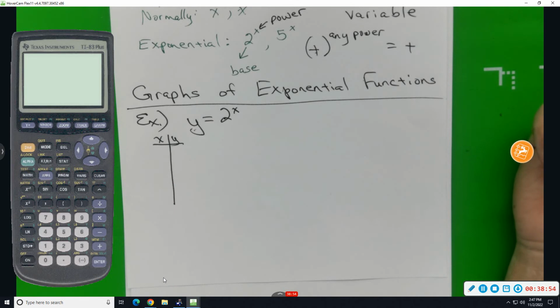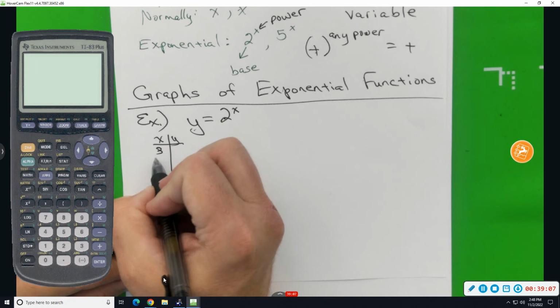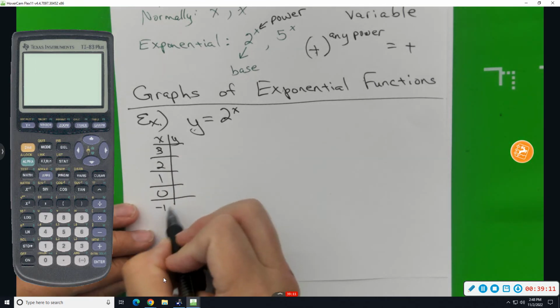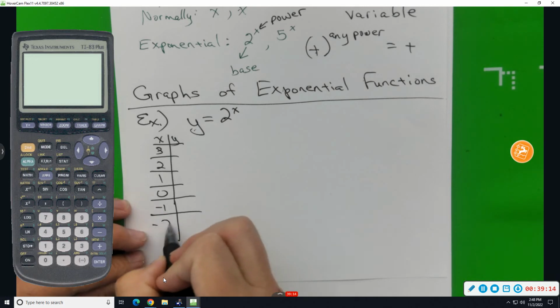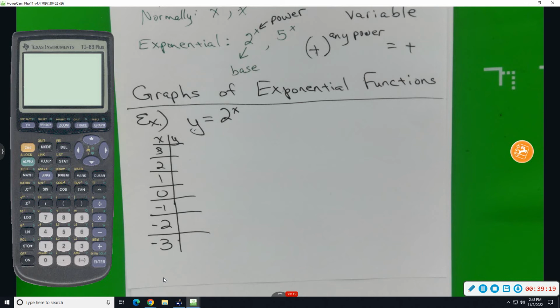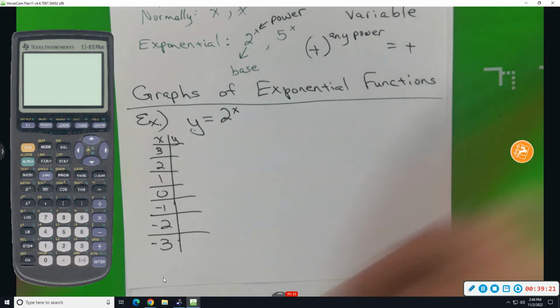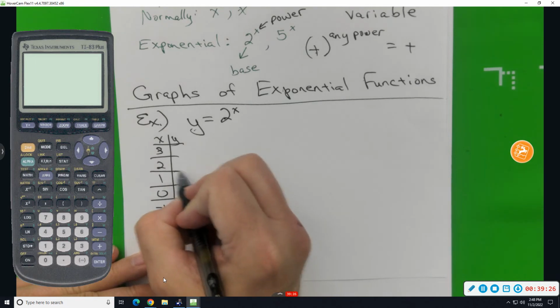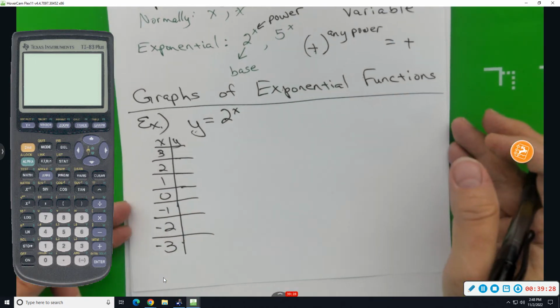Generally, if you use the integers from 3 to -3, that's enough. Once we see a pattern here, we can get by with a lot fewer ordered pairs. But for the time being, let's use 3, 2, 1, 0, -1, -2, and -3. Let me extend these marks to make the table look better.